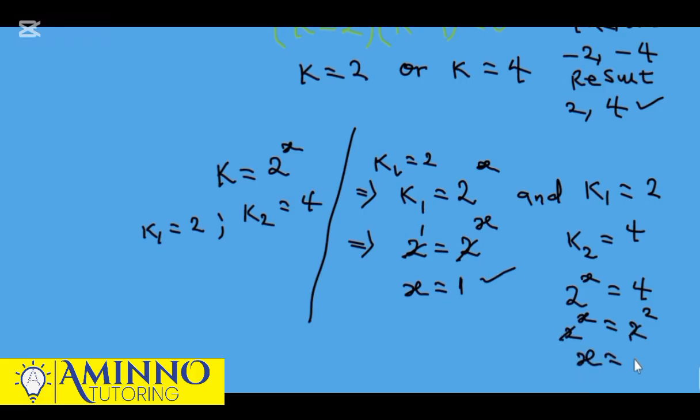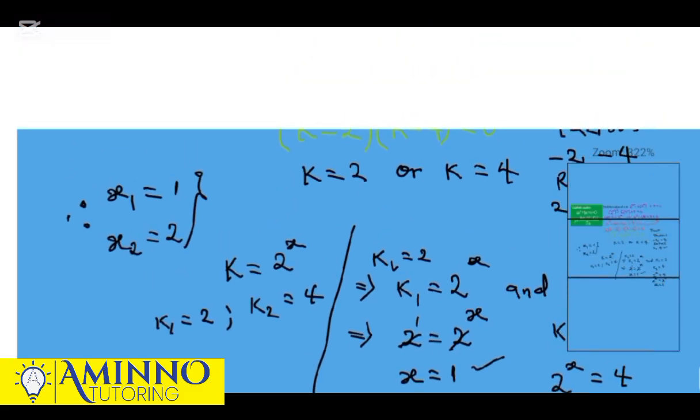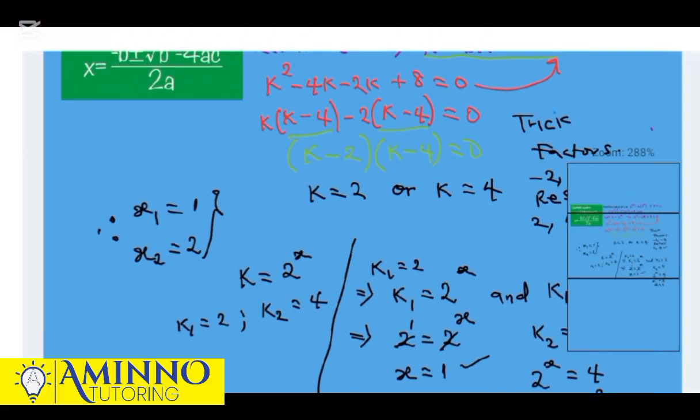So your x is equals to 2. So therefore, your x1 is equals to 1, and your x2 is equals to 2. This is what we have as our solution.